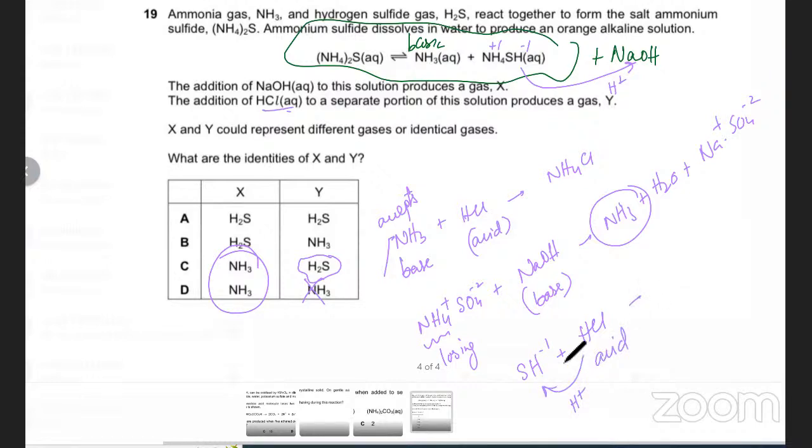So if it gives an H+1 to it, it will form H2S. And they've already told you that H2S is a gas. It's hydrogen sulfide gas. So hence the option is going to be C. Is this question clear? Yes, sir.